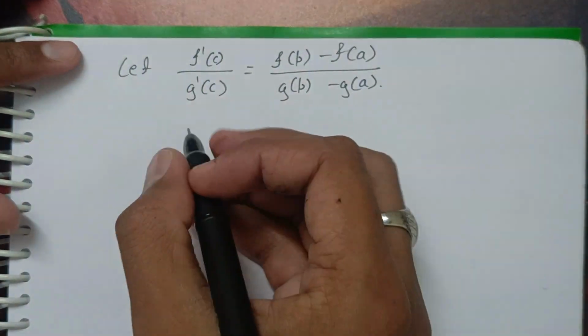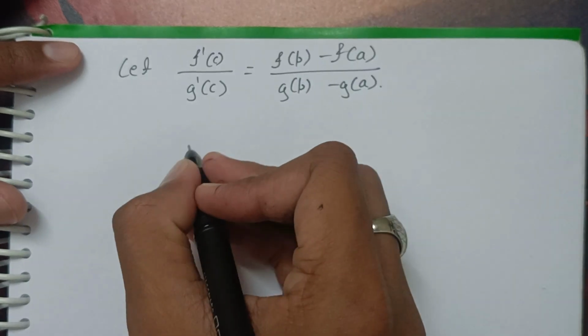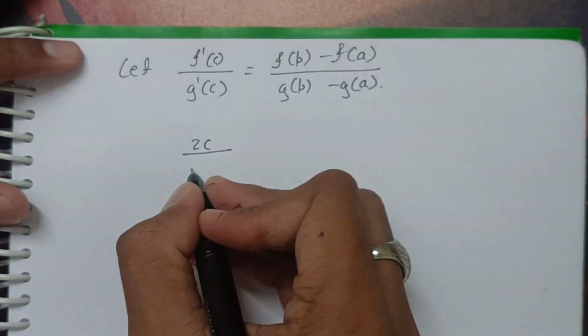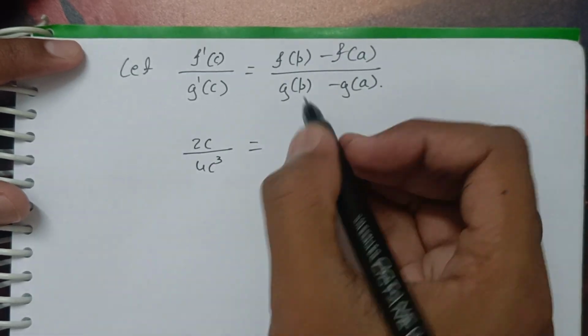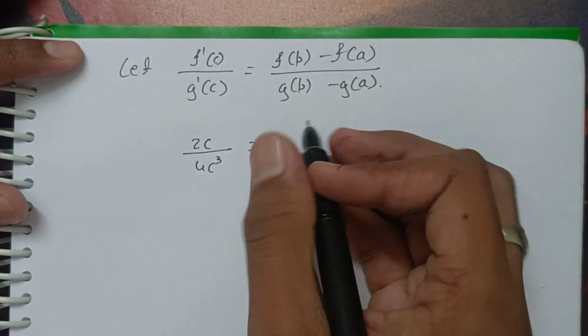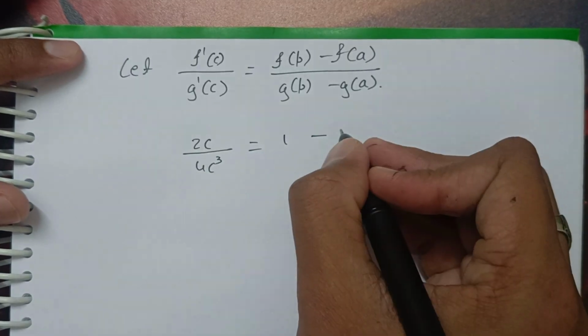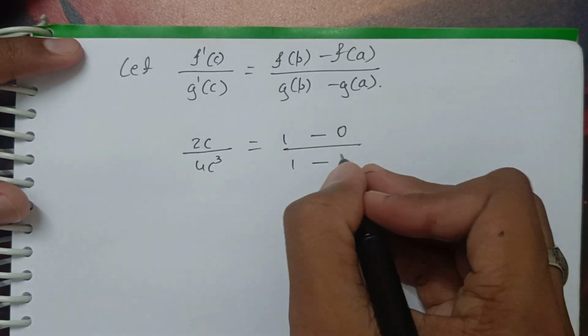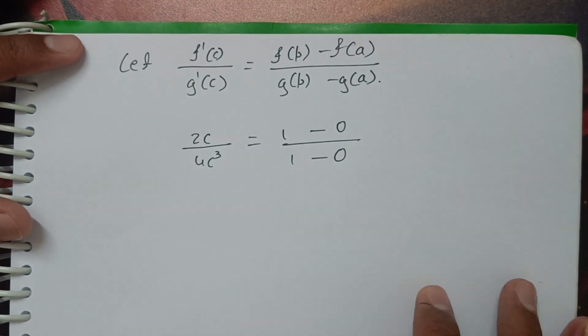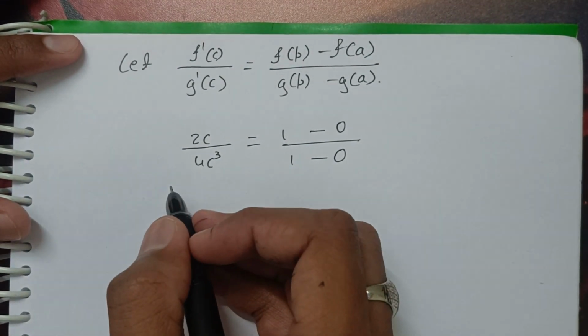So now put the values: f dash of c is 2c, g dash of c is 4c cube, f of b value is 1, f of a value is 0, g of b value is 1 and g of a value is 0. So now let's solve.